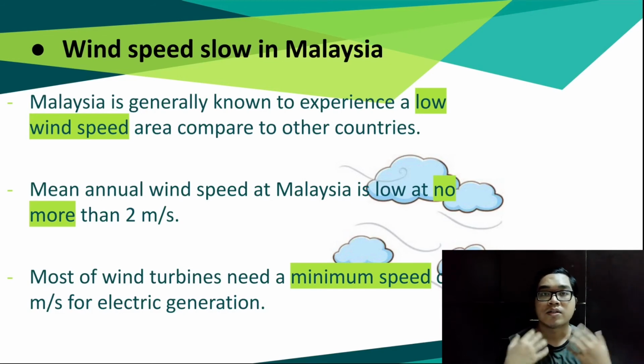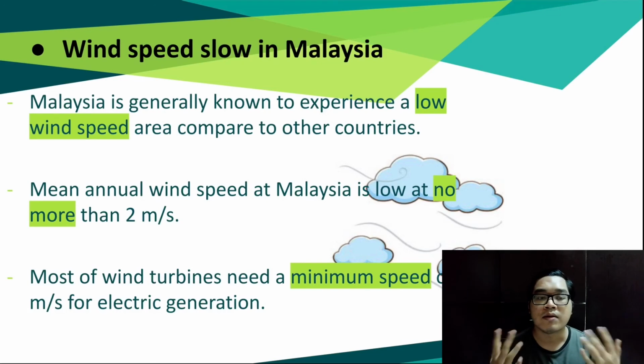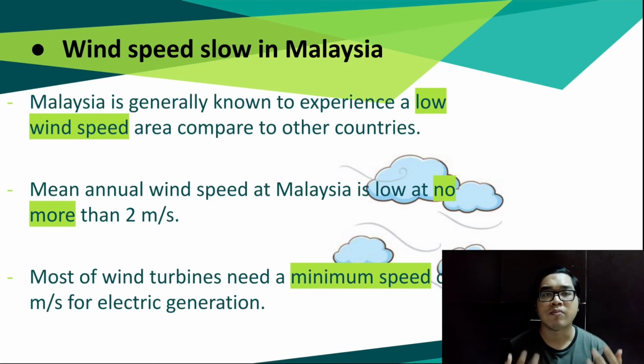What I'm trying to say is the annual wind speed of Malaysia is low, no more than 2 meters per second. Most wind turbines need a minimum speed of 4 meters per second for electricity generation. So this is proof that our wind is very slow because we cannot exceed 4 meters per second.